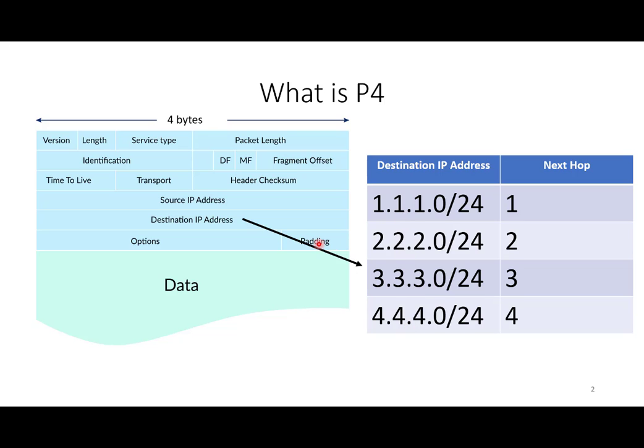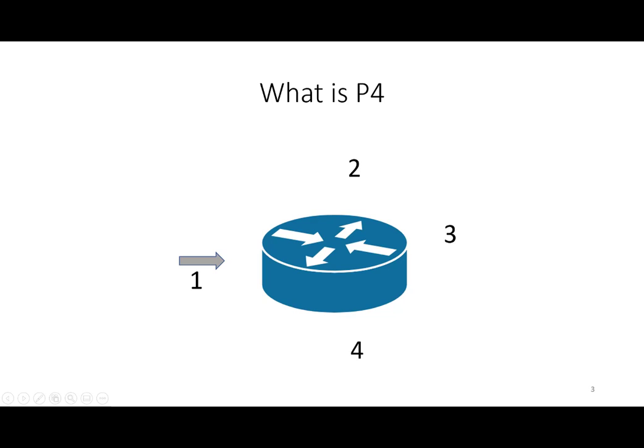So suppose the packet contains 3.3.3.2 10, then it will match this IP address here, and then it will see that okay, the next hop will be 3. So this is how traditional routers work. Then it will be forwarded to this port.